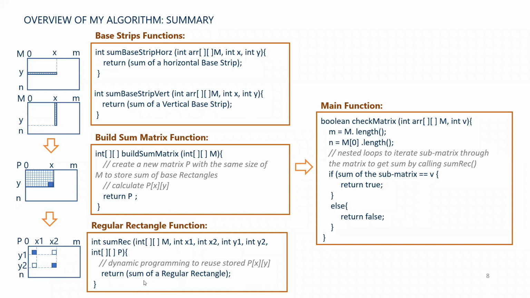This is where we use dynamic programming to reuse the stored Pxy from this one. Finally, the main function, nested loop to iterate through the matrix to get sum by calling this one. If sum of the submatrix equals V, will return true, otherwise will return false.